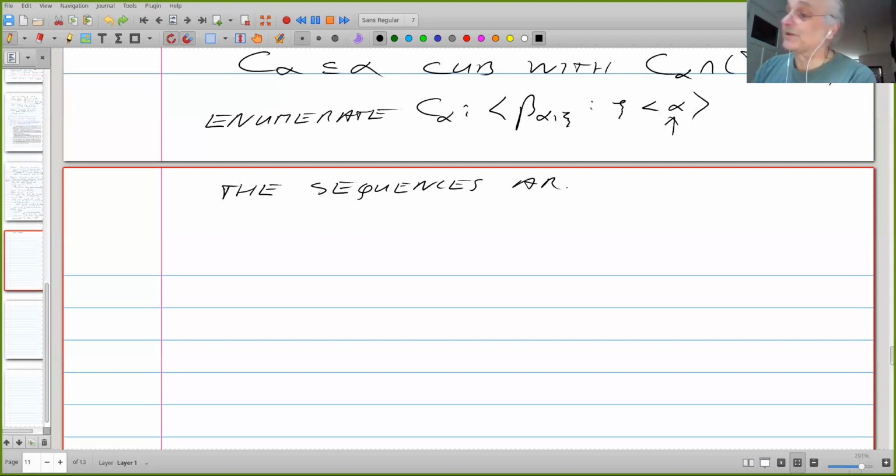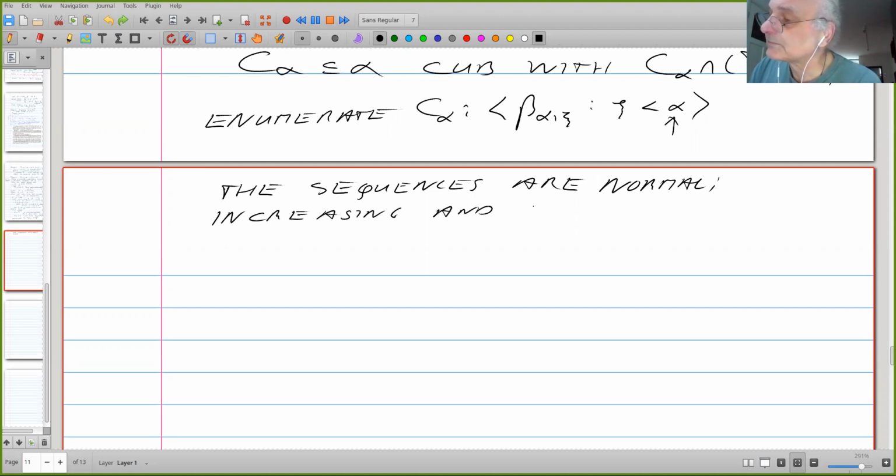And we used to call this normal a few weeks ago. Why continuous? Because C is closed. If I have an increasing initial segment of this enumeration, then the supremum of that initial segment has to be in C, so it has to be the number with the right index.